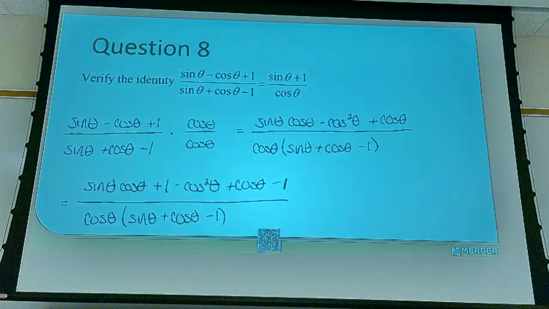I just added 0, didn't I? With a +1 and a -1. Any number plus 0 is itself, so adding 0 doesn't change the value. But what this does allow us to do now, 1 minus cosine squared is sine squared.